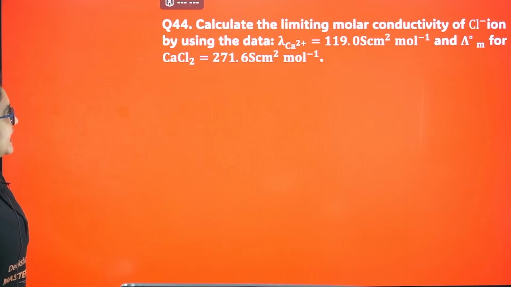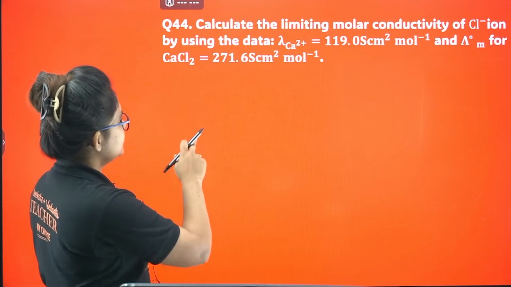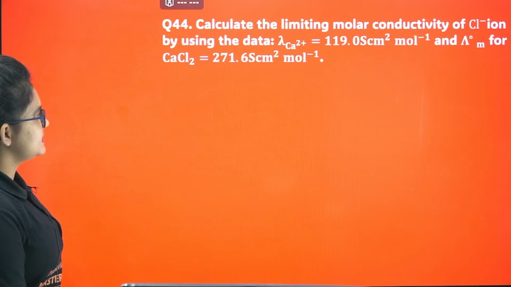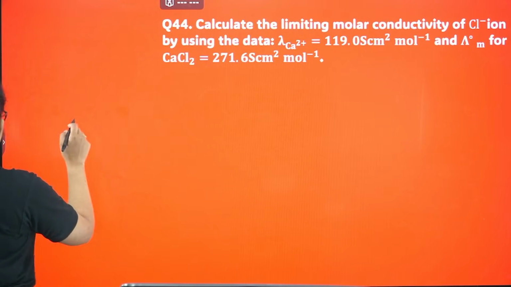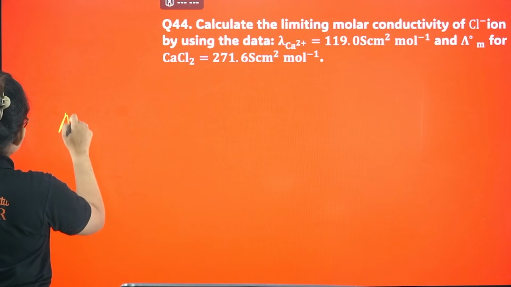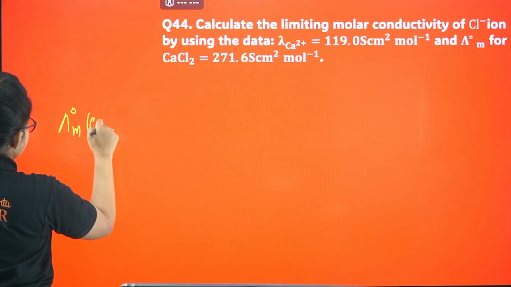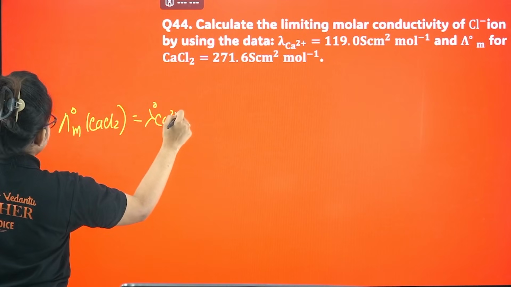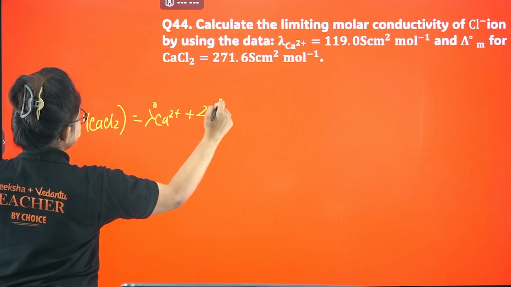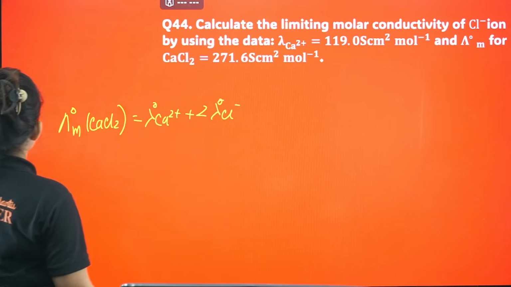Let's proceed. Calculate the limiting molar conductivity of Cl- ion by using the data lambda of calcium 2+ and lambda m0 of CaCl2. Fine. So Kohlrausch's law we are going to apply here. So we know lambda m0 of CaCl2 is going to be lambda 0 of Ca2+ plus 2 into lambda 0 of Cl-, right?